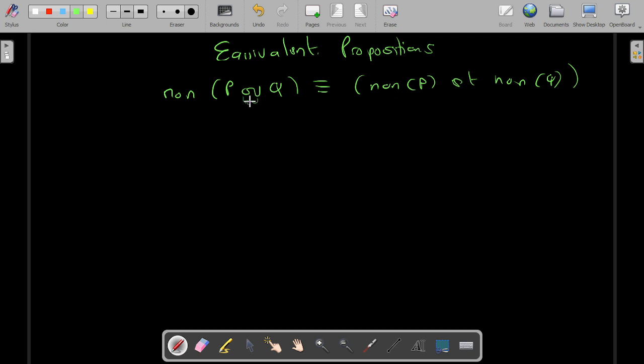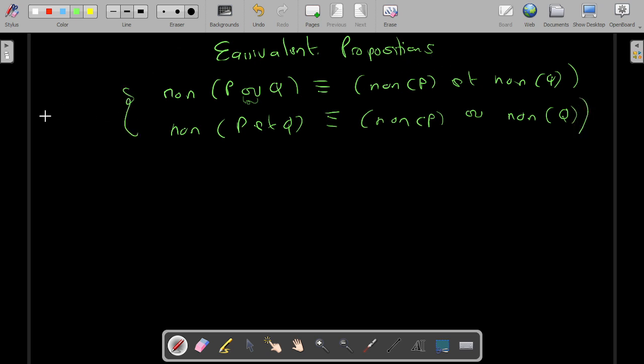So here we have an OR, here we're going to have an AND. And then we have not (P and Q), and I'm sure you guessed it, we have not P or not Q. So these are known as the De Morgan laws.